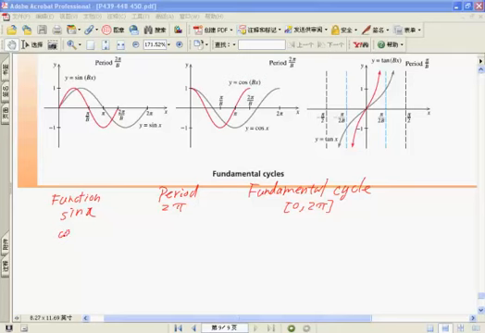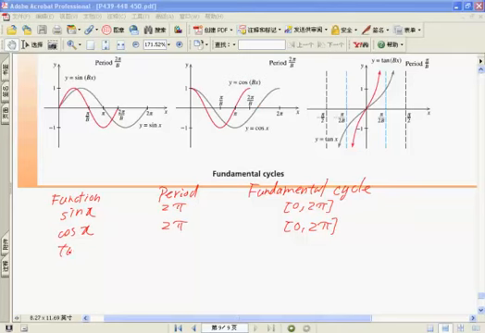And for cosine x, the period is also equal to 2 pi, and the fundamental cycle is the closed interval from 0 to 2 pi. This is the graph of y equals cosine x from 0 to 2 pi, so the period is also 2 pi.